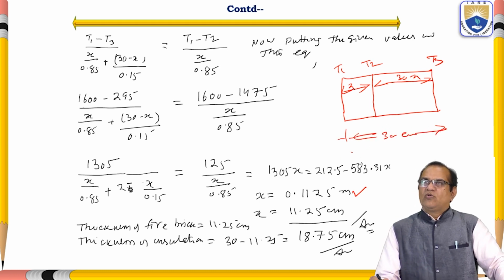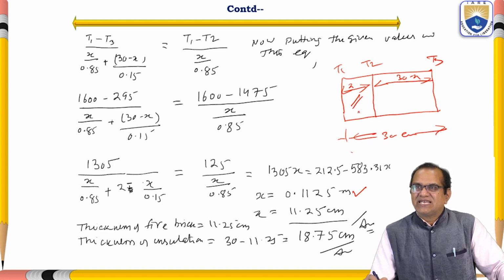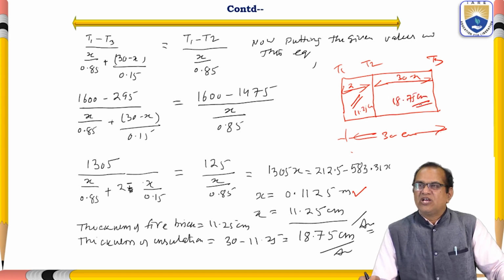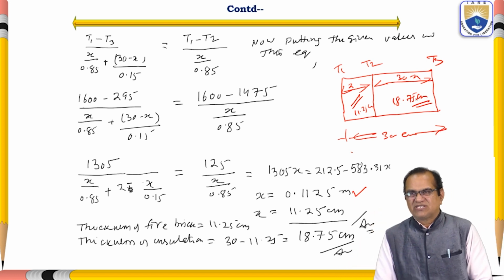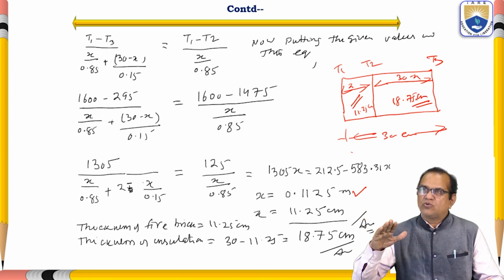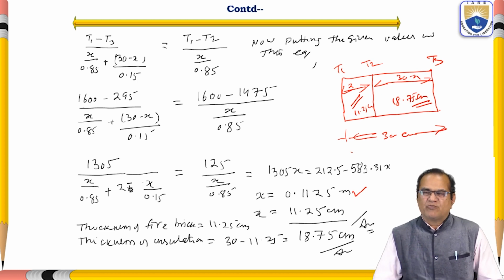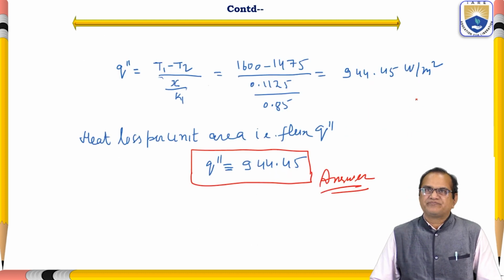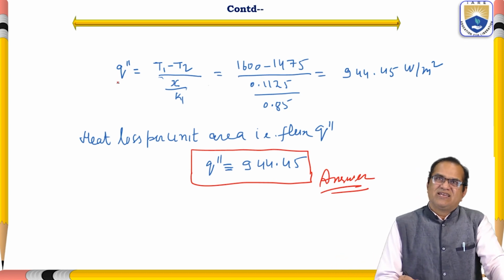So you got this X. So 30 minus X, you will get 18.75 centimeter, and this is 11.25 centimeter. So this is the answer for this. The thickness will be 18.75 centimeter from T2 to T3, and from T1 to T2 the thickness will be 11.25 centimeter. So now we can find out the flux.